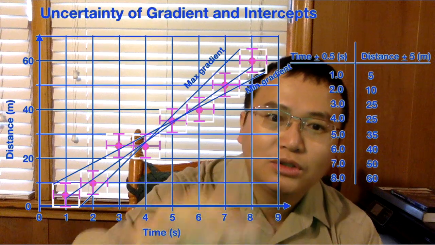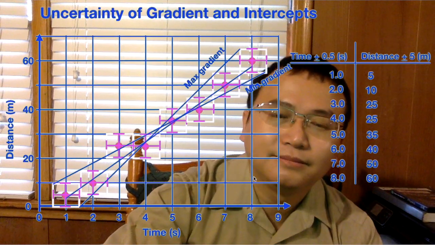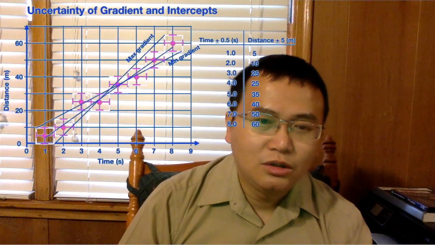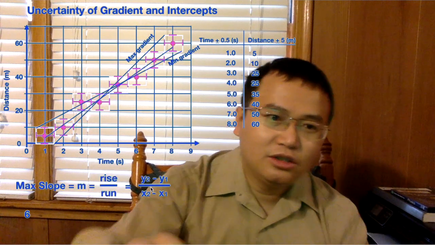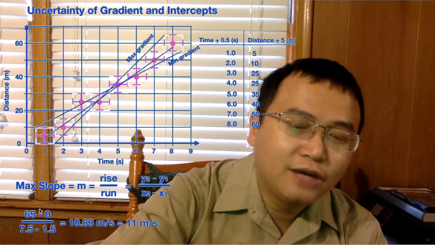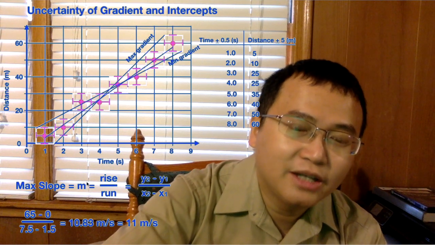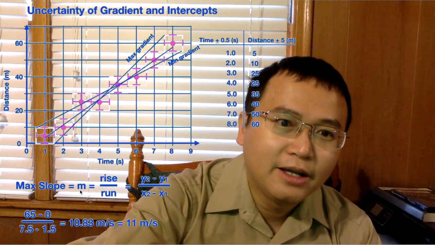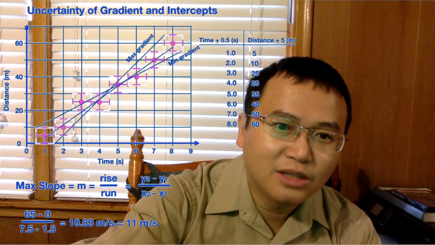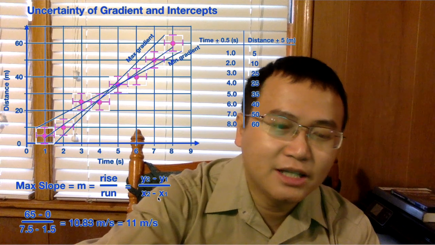Okay, so what is next? Again, just some quick review. We need to first find the maximum slope, and slope is represented by the letter m, and it is y2 minus y1 over x2 minus x1.